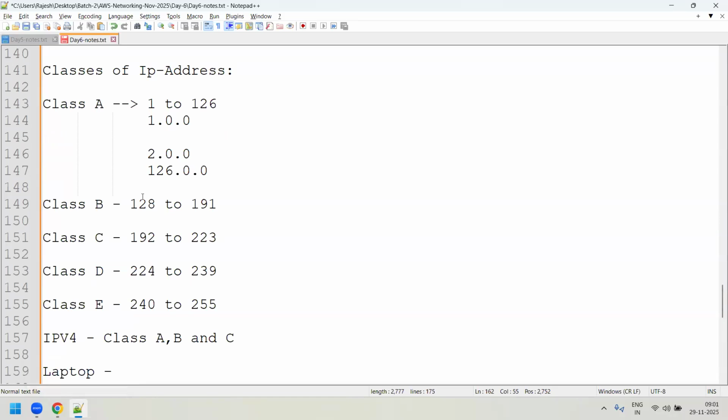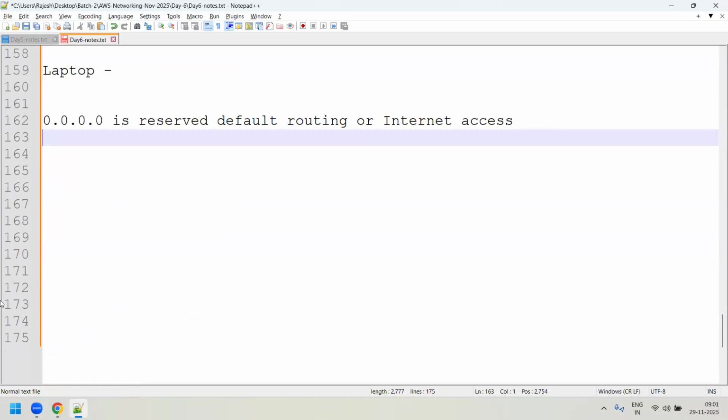And also, if you watch carefully, 127 is also not used actually. You could see that after 126, it should start with 127, but it is not starting, because 127 is reserved for loopback.